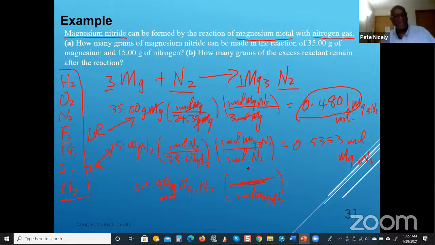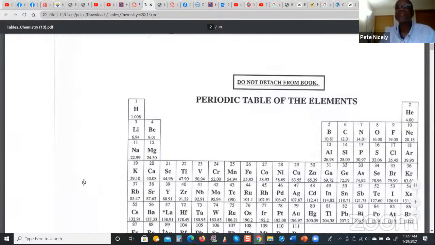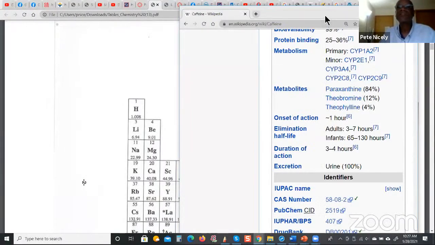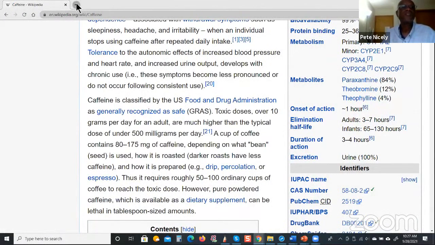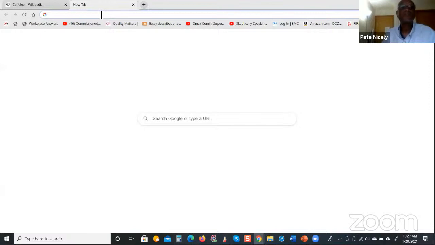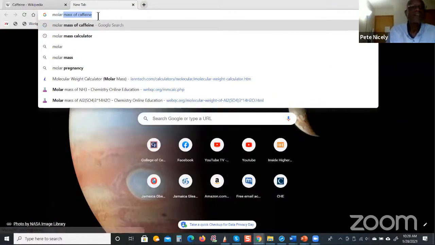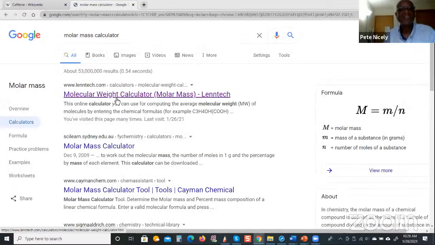So I'm going to do a bit of cheating here because I'm going to go to a particular website which allows us to calculate, it's called the molar mass calculator.